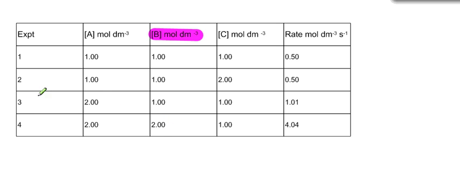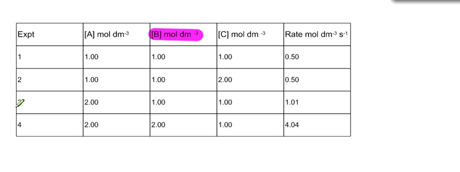In experiment 3, we've got B going from 1 to 2. A is 2, and it's staying at 2 in experiment 4 too, so that's okay. It's staying constant while I'm doubling B. Here, C is going from 1 to 1, so that's staying the same. So I can use experiments 3 and 4 to look at how the concentration of B affects the rate of reaction.